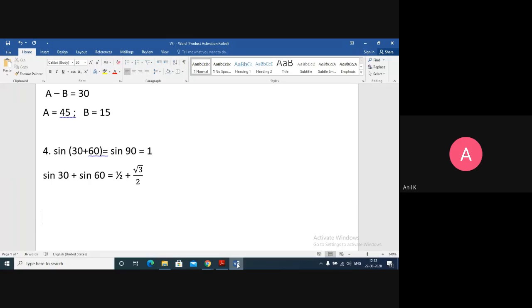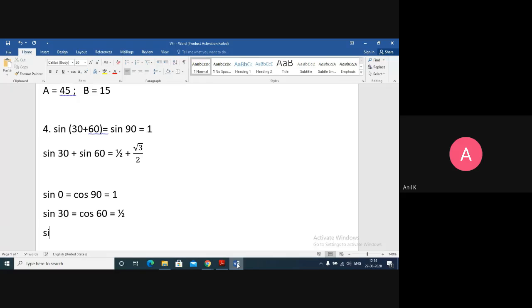For example, I know that sine 0 value will be the same as cos 90 value. Both will give me the answer 0 only. Similarly, next, sine 30 will be the same as cos 60. Both will give me 1 upon 2.